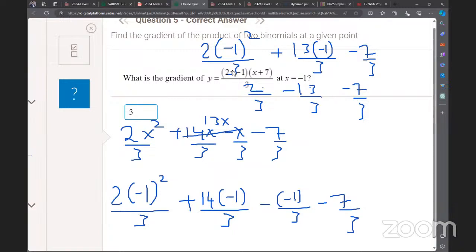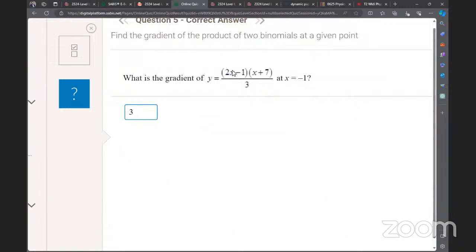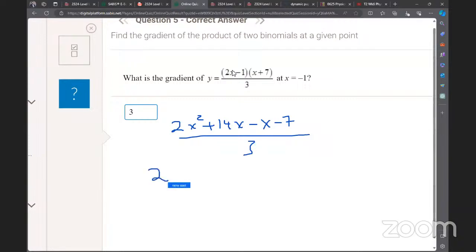At x equal negative 1, yeah, it will be positive slope. Let's make sure of this question again. 2x times x is 2x squared. Negative 2x times 7 is 14x. Negative 1 times x is negative x. Negative 1 times 7 is negative 7. All of that over 3. Then 2x squared plus 13x minus 7.